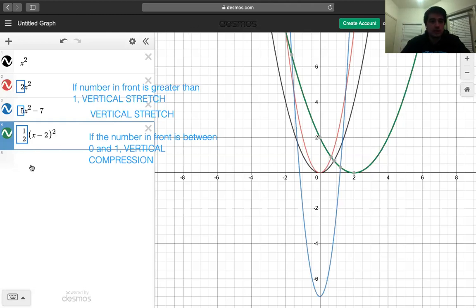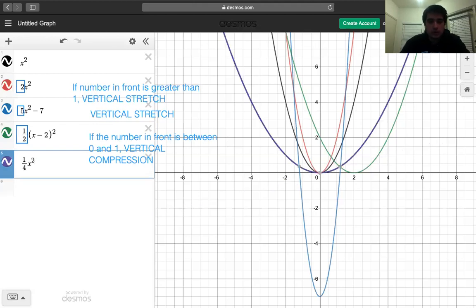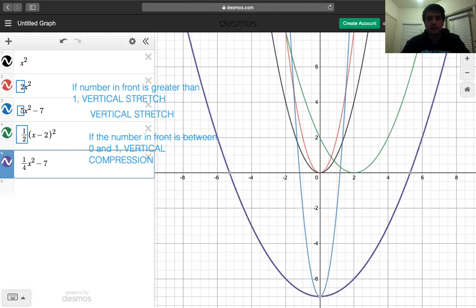Okay, so let's look at another example. Let's say I have 1/4 x squared minus 7, something like that, right? So see how this purple parabola is even wider than the black one, and even much wider than the green one, right? It's super wide.